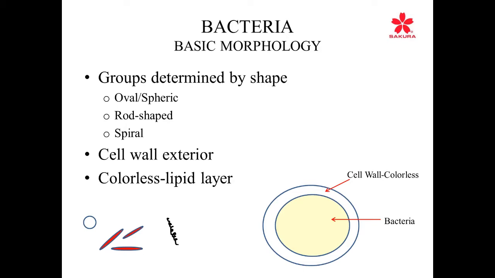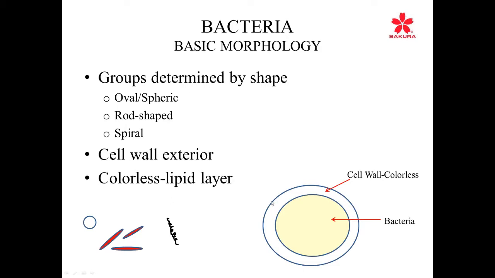The groups are determined by shape, as I said before, and there are three basic shapes: the oval or spherical, which I'm going to put on the slide here, then rod-shaped, and then the spiral or corkscrew shape. Specific bacteria will have one of these three classifications, and based on their morphology, they are classified thus.